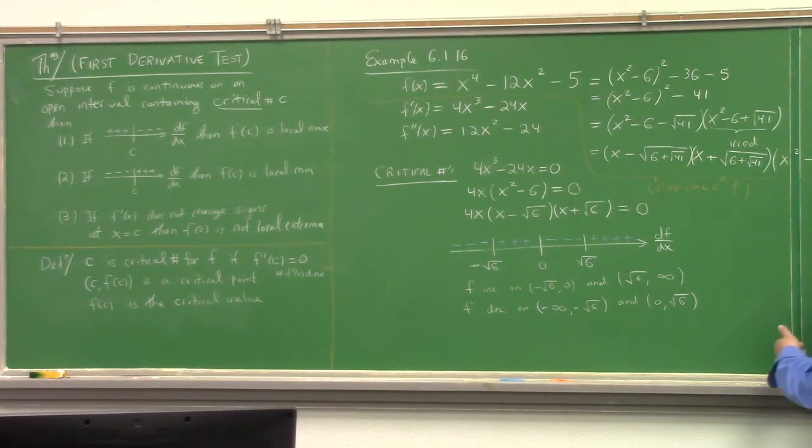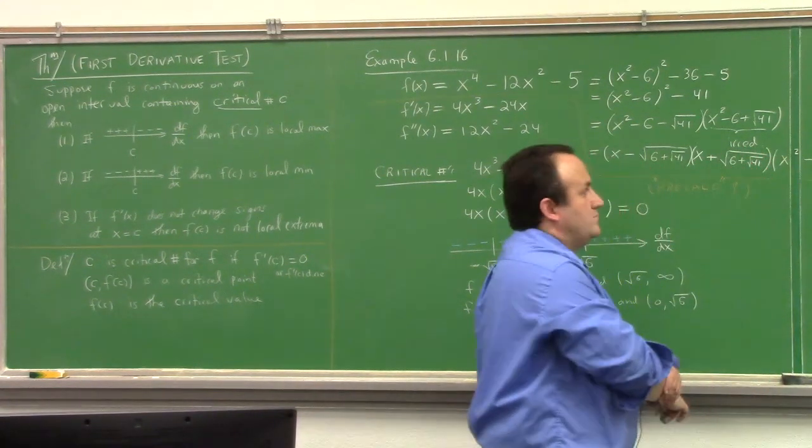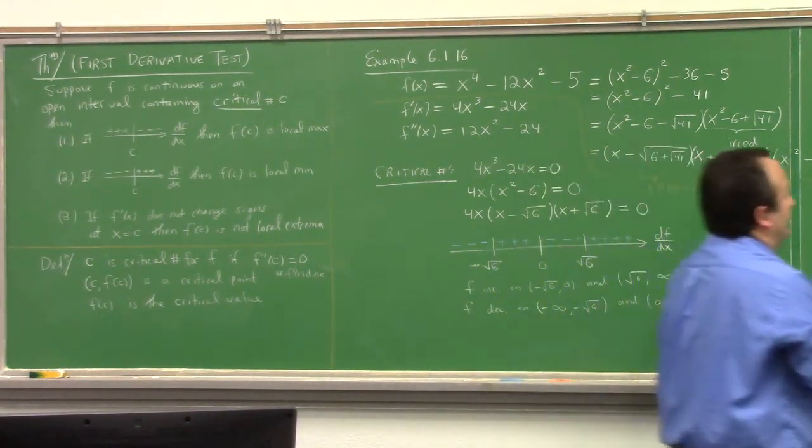Let's see here. So what was f prime prime? 12x squared minus 24 equals to 0, which is what? X squared equals to 2, right? So what are the solutions to that?